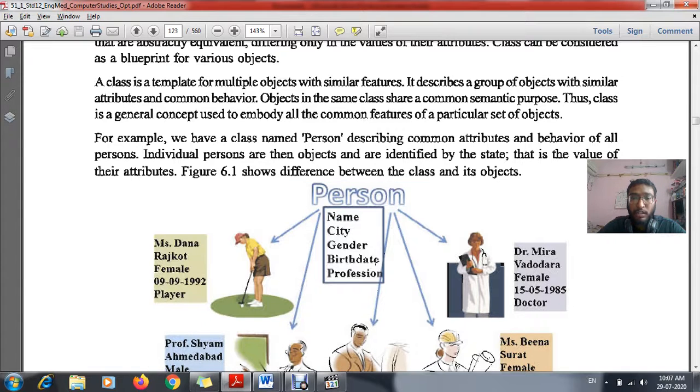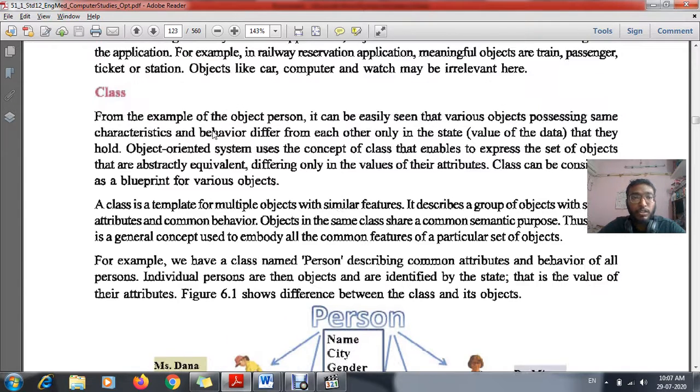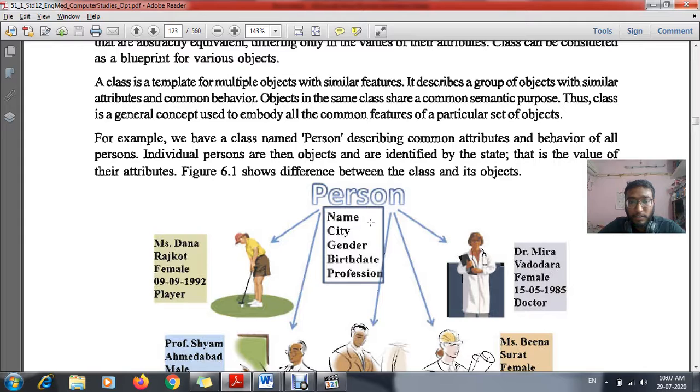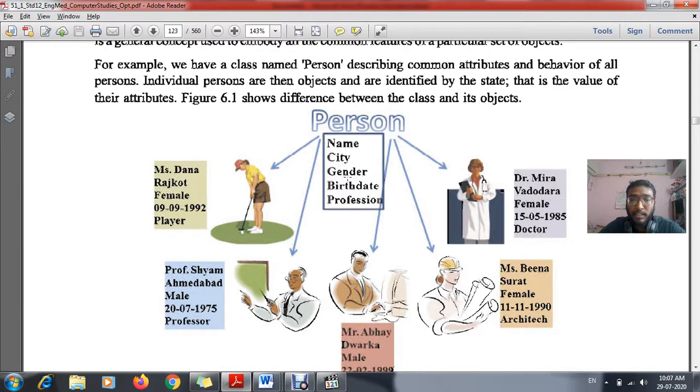So now, according to this, there is a class. A class has been declared, a person is the class, with name, city and so on. In that we are declaring variables, and each variable will be having its own attributes. Now, the first one, as you can see, Miss Dana, Rajkot, female, the date of birth, player, these are the attributes.